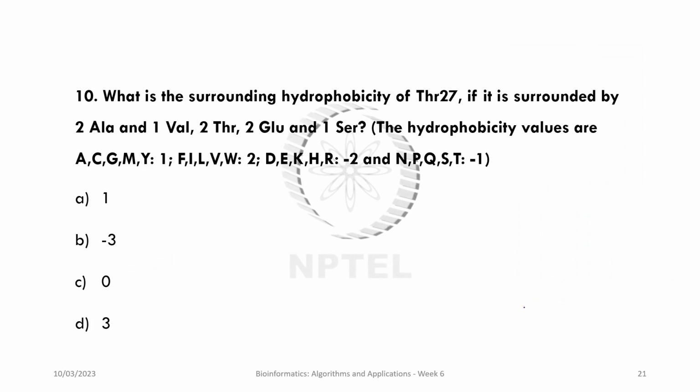Question 10. What is the surrounding hydrophobicity of threonine 27 if it is surrounded by 2 alanines, 1 valine, 2 threonines, 2 glutamines, and 1 serine? The hydrophobicity values are: ACGMY, FILVW, DEKHR, NPQST.